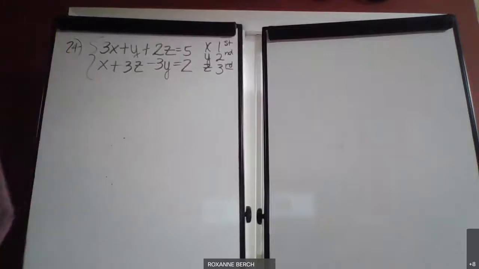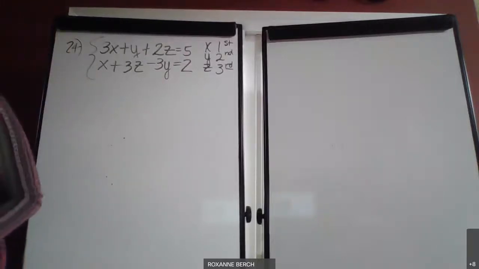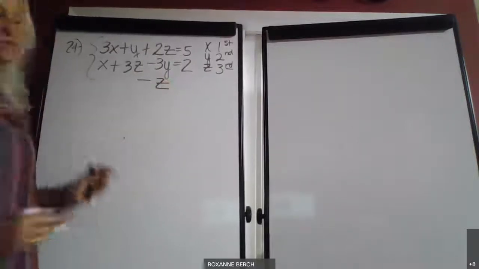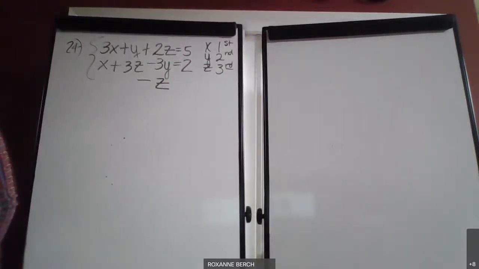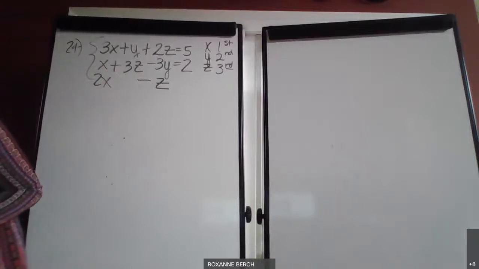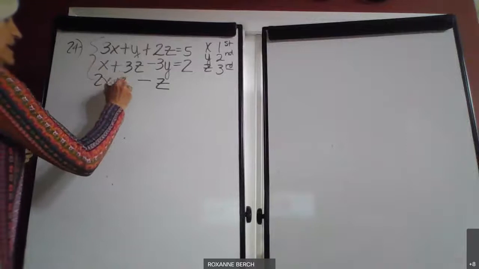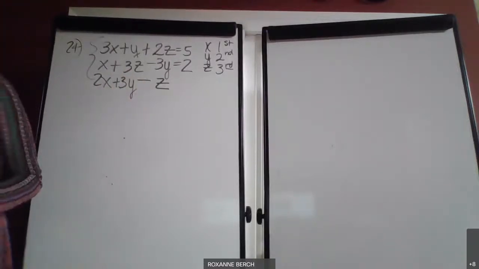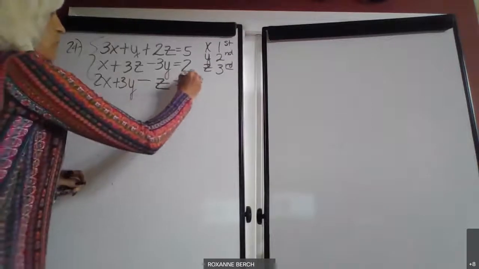And we have one more to set up. If the third number is subtracted from 2 times the first number and 3 times the second number, the result is 1.